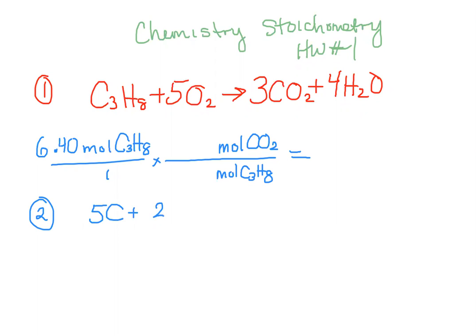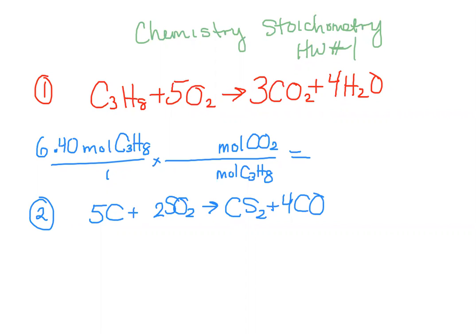5C plus 2 SO2 gives you CS2 plus 4CO. Okay, how many moles of CS2 form when 2.7 moles of C reacts?